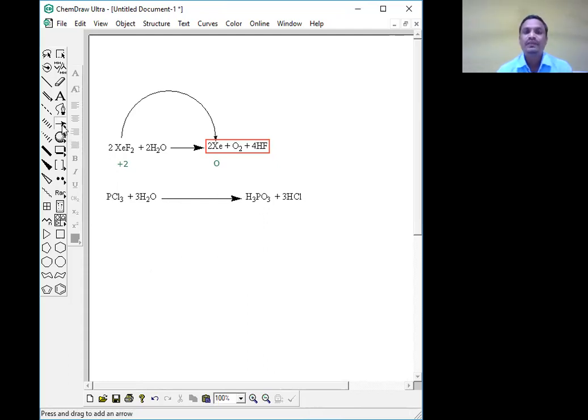If we see the tautomers of phosphorus acid, let us draw the structure of phosphorus acid. This is the structure of phosphorus acid, H3PO3.